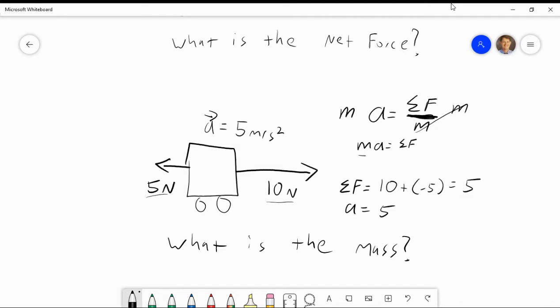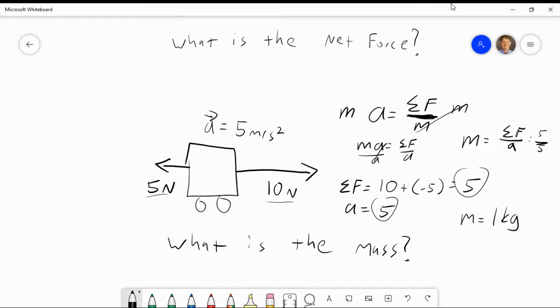I want mass by itself, so I'm going to divide by acceleration again on both sides. I'm left with mass equals the net force divided by acceleration. Well, the net force is 5, acceleration is 5, so that means the mass must be 1 kilogram because it's 5 divided by 5. So that's 5 over 5.